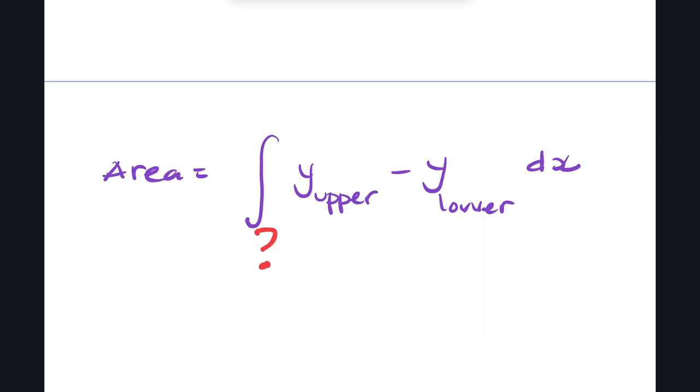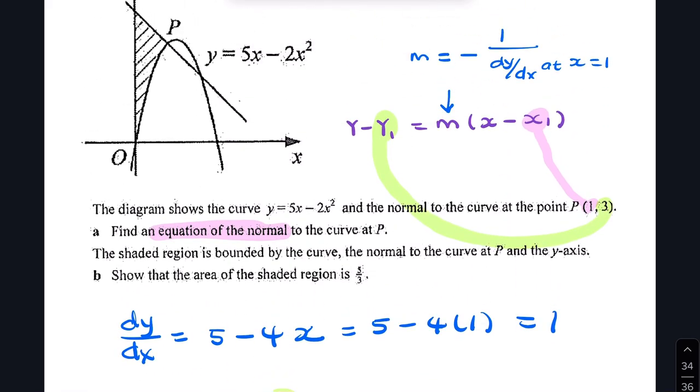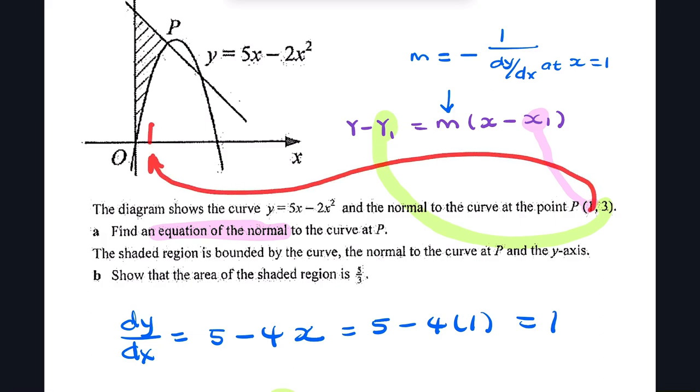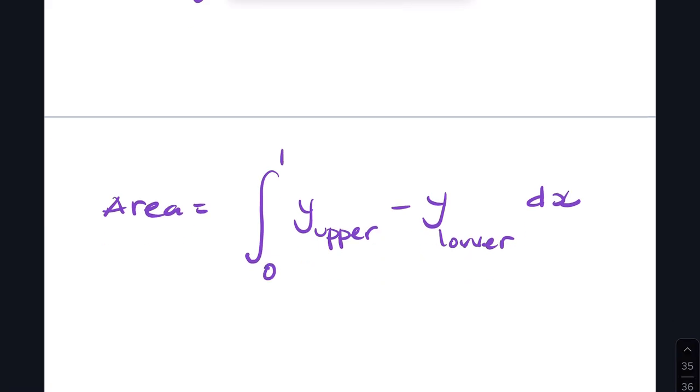And we need limits here, so we know where to start and stop integration. So the lower limit is going to be 0, and the upper limit will be the x coordinate of P, which is 1. So that will set my limits 0 to 1.